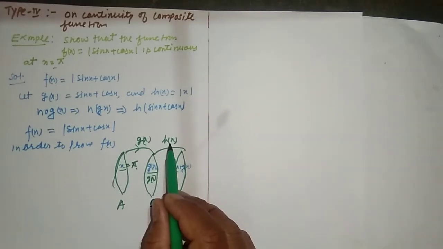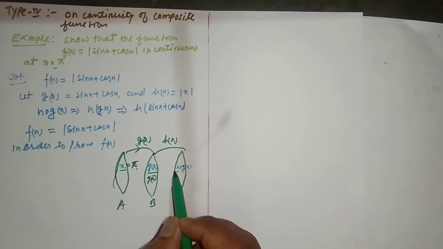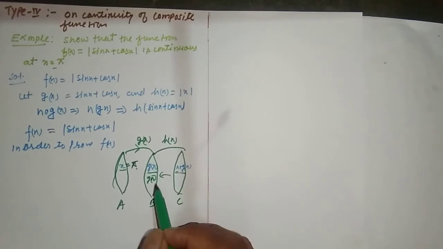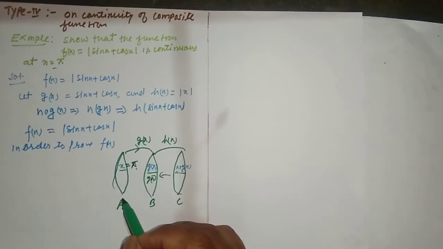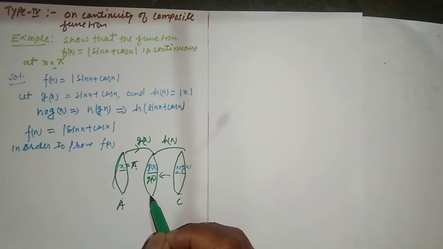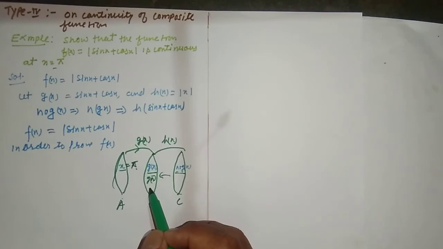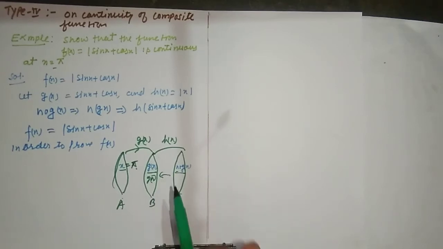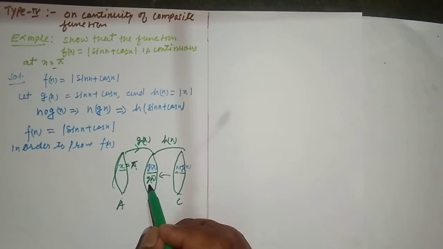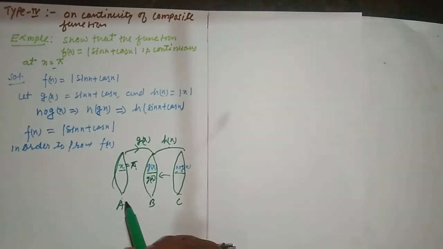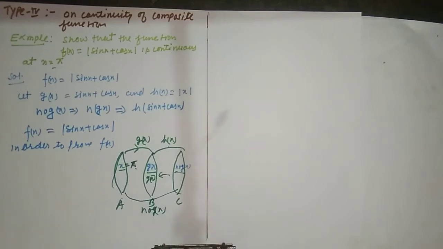Now we prove that h(x) is continuous at g(pi). The elements of set B will be all elements. For the g function A is the domain, for the h function B is the domain. Clear? So here the elements we get are g(pi), g(2pi), g(3pi). We have selected one element, so we are selecting g(pi). If h(x) is continuous at g(pi), we can say that the composition of functions h o g(x) is continuous. Clear?